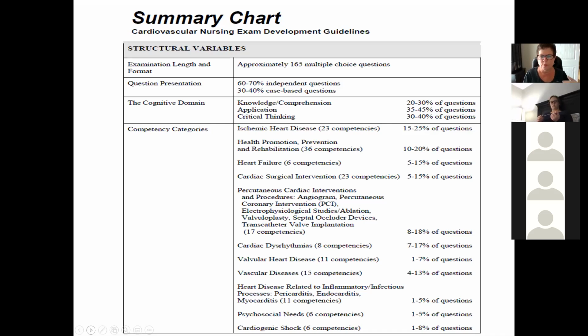And what I've always found beneficial with multiple choice questions is I cover up the answers and I read the question and I try and formulate the answer in my mind before I look at what my options are.